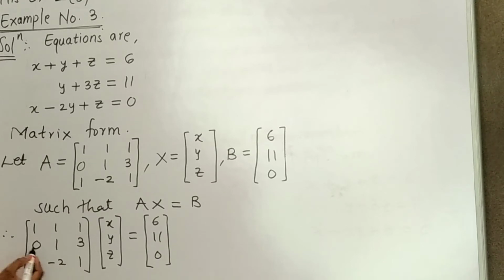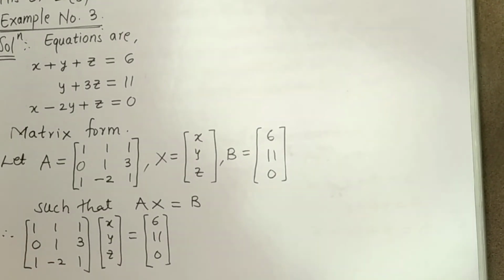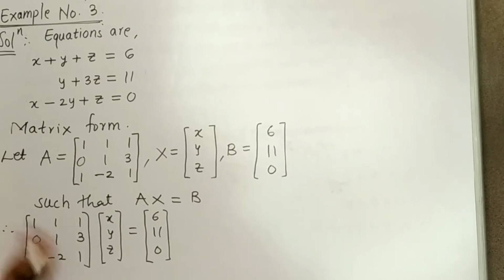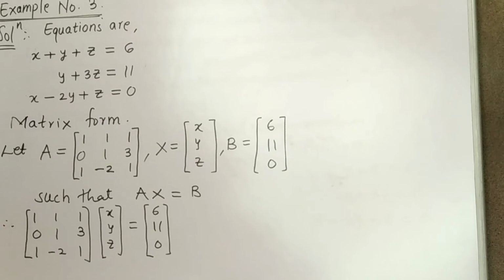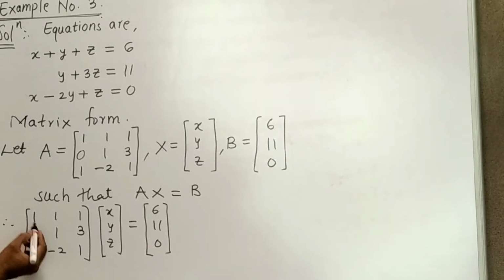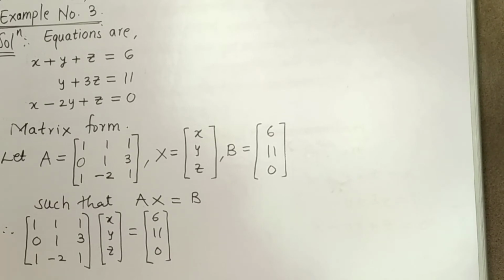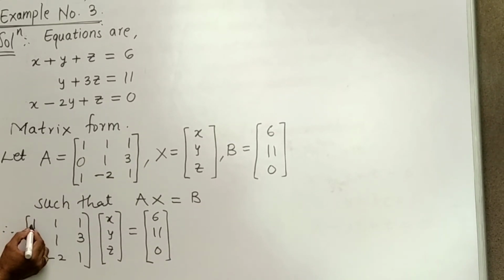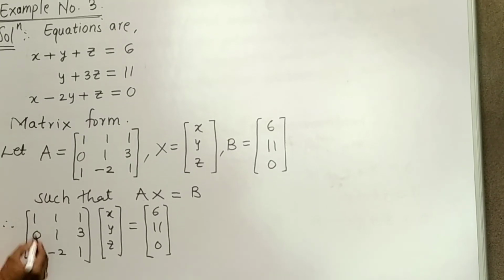Now in the reduction method we convert matrix A into an upper triangular matrix. That means we have to convert the elements below the diagonal into 0. Here the first element is 1. The element below 1 is 0, so it is already 0 here. Now we convert this 1 into 0.